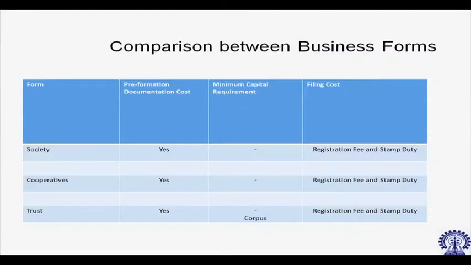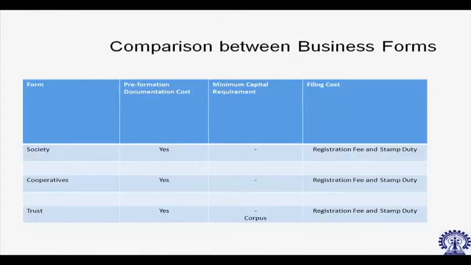Now, in case of the cooperative, again you need to have a formation document. So, you need to develop the incorporation document, and at the same time the bylaws, and there you need to have professional service again, and you need to incur some cost for preparation of this document and filing of these forms with the respective regulators.